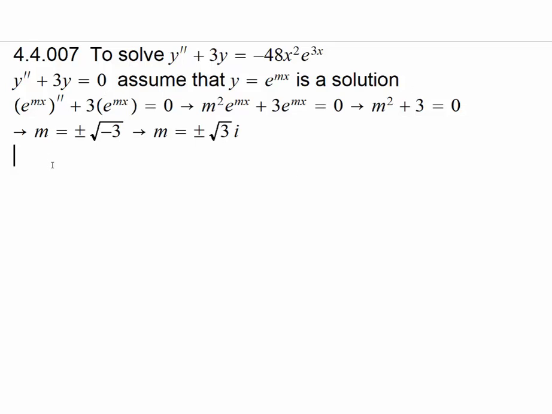So now recall that when we have imaginary roots like this, we can use Euler's formula, and I'm not going to go into details in this presentation because that was in the previous one.